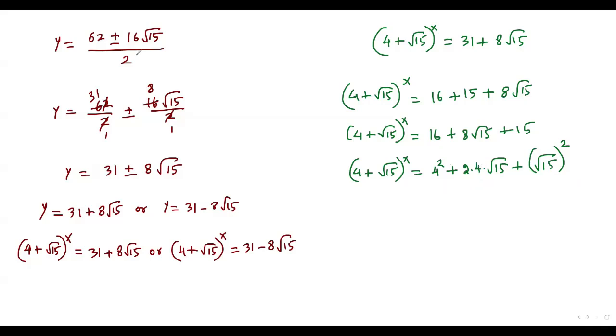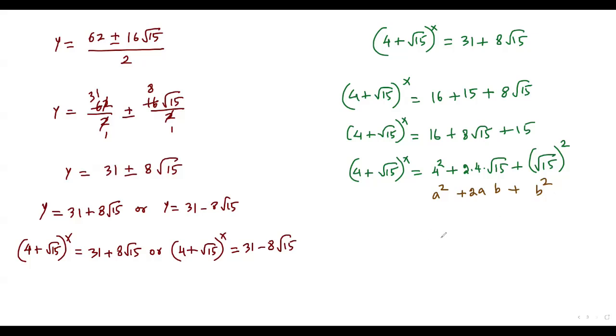The reason is I just want to get the expression in the form a square positive 2 times a times b positive b square. So let's compare the trinomial over here with a square positive 2ab positive b square. At the place of a we have 4, at the place of b I have square root of 15. So whenever I have a trinomial in this form, a square positive 2ab positive b square, what can I write for this?